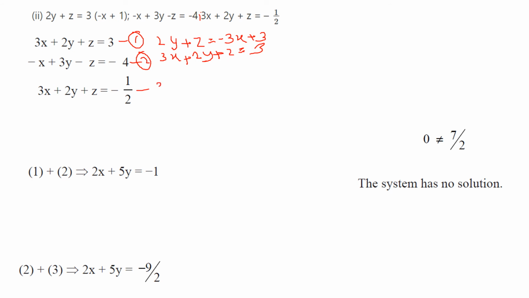This is the third one. So compare any two equations and eliminate one unknown variable. We will take the first equation, 3x plus 2y plus z equal to 3, and minus x plus 3y minus z equal to minus 4.